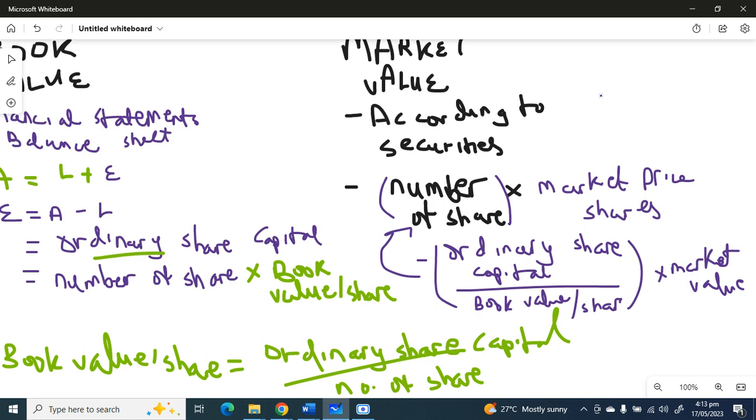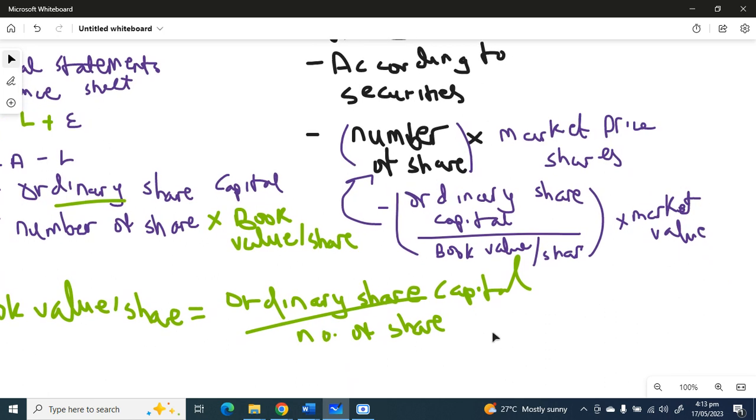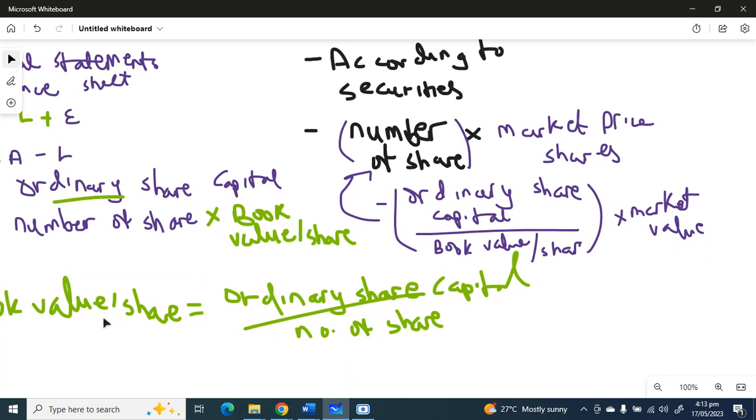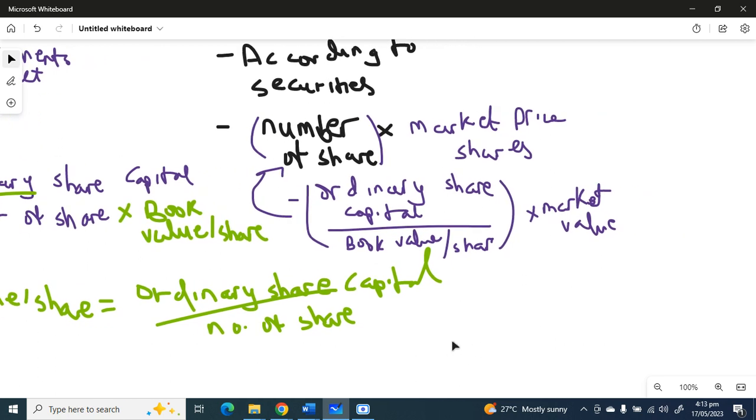All right. Then, if you want to get the market price of each share, unlike the book value for each share, where you say ordinary share capital divided by the number of shares, to get the market price for each share, you have to use this formula.